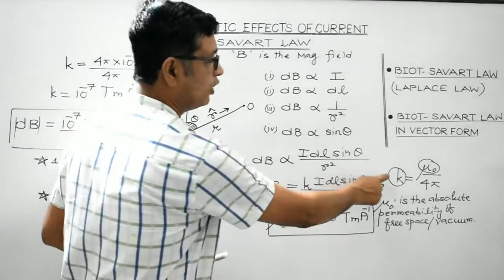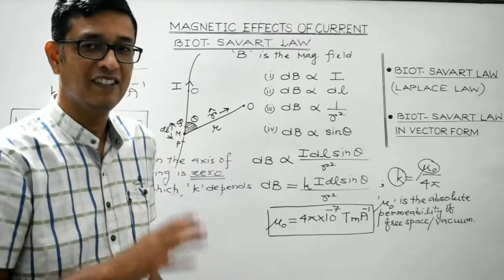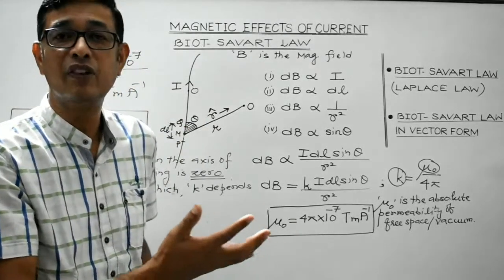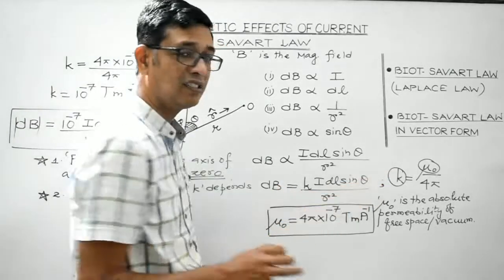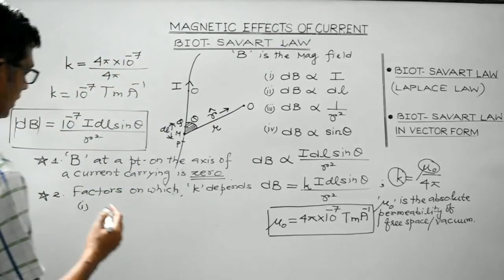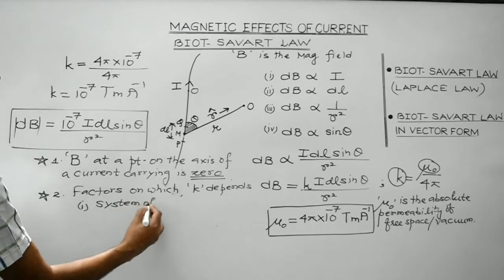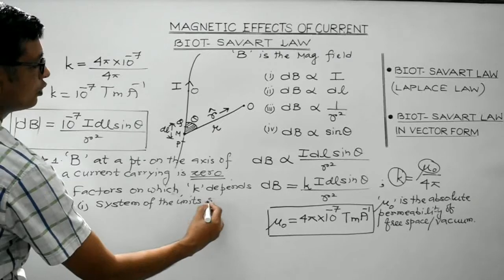Here we obtained the value of K to be 10 raised to the power minus 7. That's in SI. In case we choose some other system, then the value of K will get changed. So obviously the value of K does depend upon the system of units so chosen.